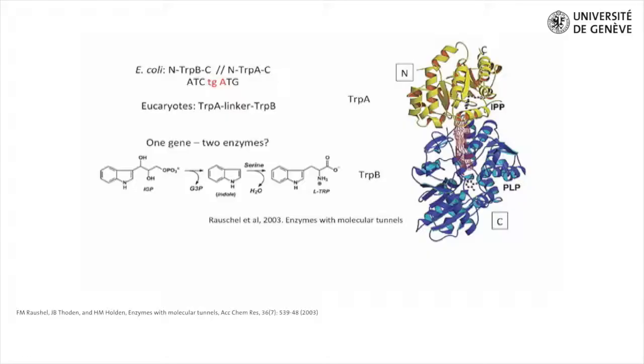Now, when the sequence came out, it was realized that in fact the two genes are separated by two nucleotides, a stop codon, a nonsense codon, TGA, and that this is one of the examples where one base, here the A, serves two functions.